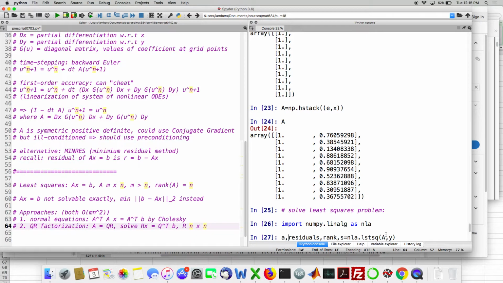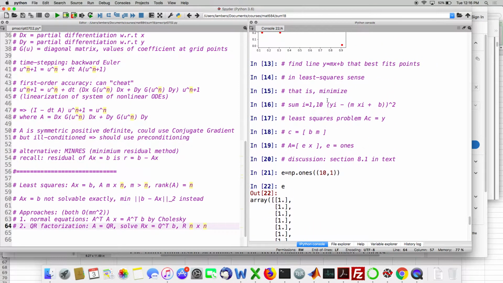Notice there are 4 outputs. So the first contains, actually, I'll call this C. That's what I called it earlier. These are my coefficients, my B and my M, as an array. Residuals is really just the sum of squares of all residuals, this sum of squares that I'm trying to minimize.